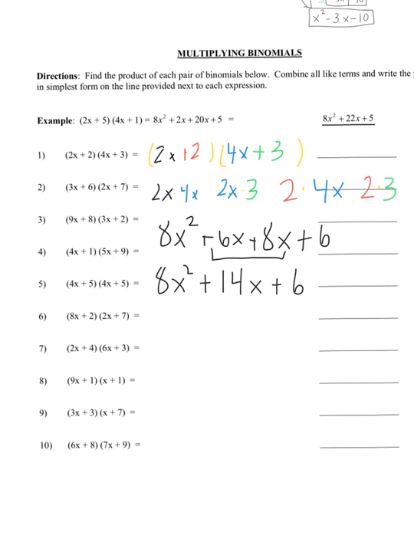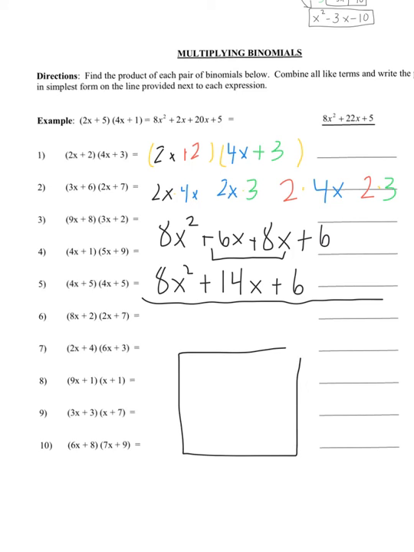Using the box method, so that's the first method. We have 4 terms, so we're going to create 4 different boxes. We have 2x and +2, and 4x and +3.